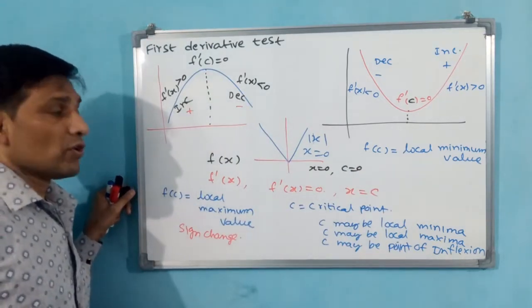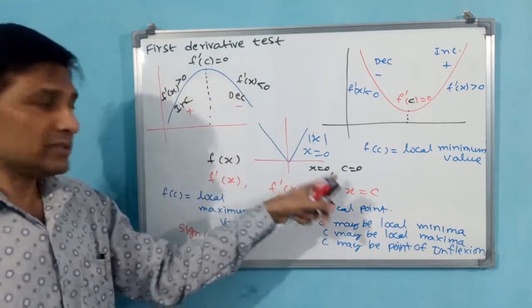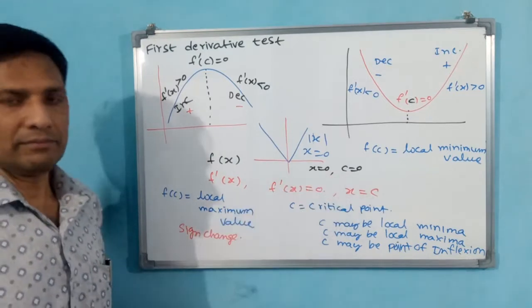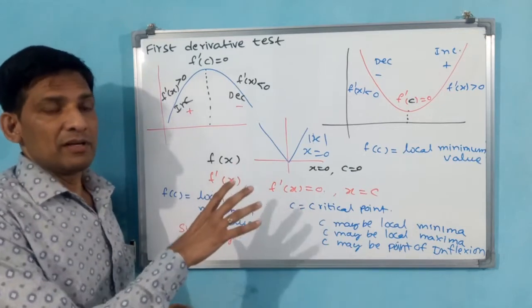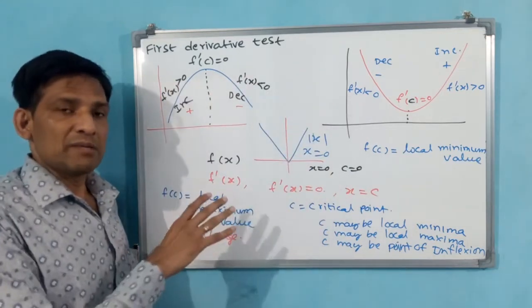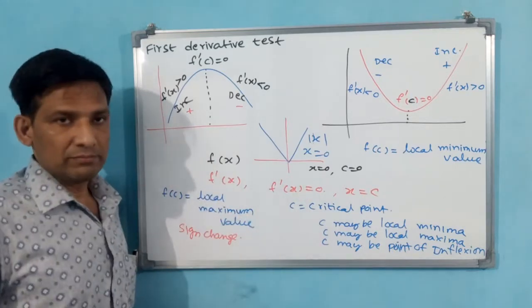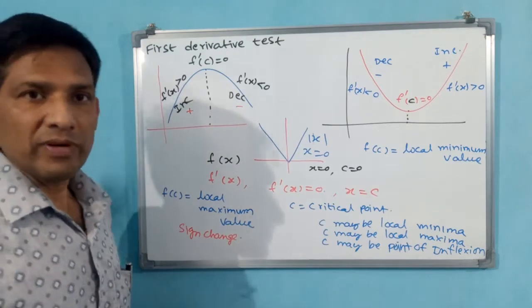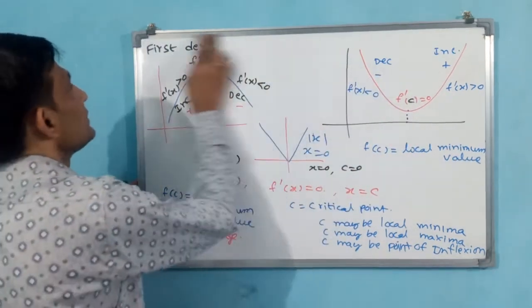If it is differentiable, equate the derivative to 0; if it is not differentiable, take that point as the critical point. Here it is 0, that's all. So local minima and local maxima can be found for differentiable and non-differentiable functions. Then what is the point of inflection? We will understand the point of inflection also.